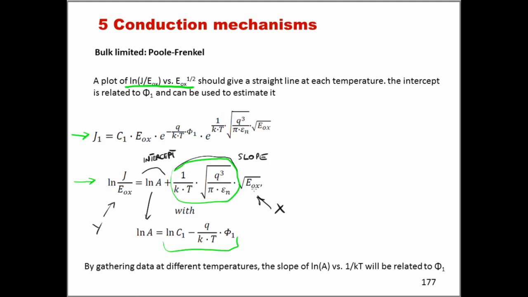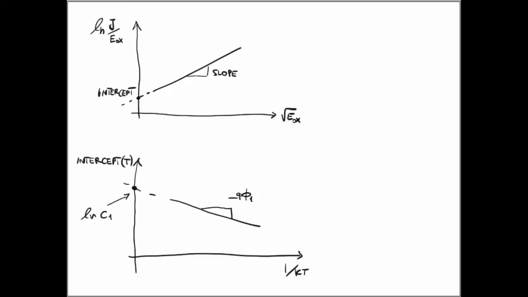So again, similarly to what we've done for the Schottky emission, we plot now our ordinate y, ln j over Eox, and our abscissa x, which is the square root of Eox, and we should check that we get a straight line.